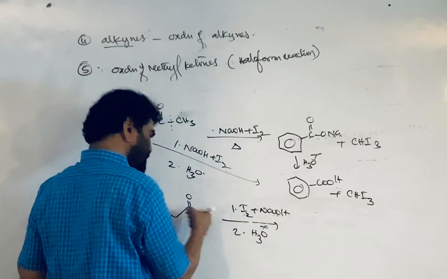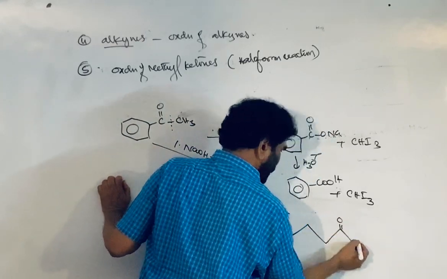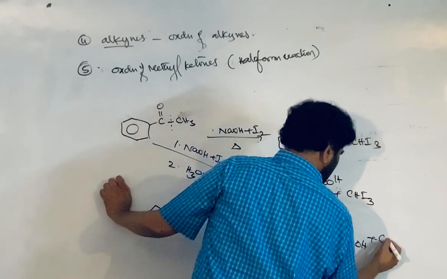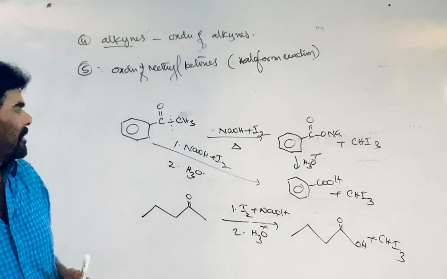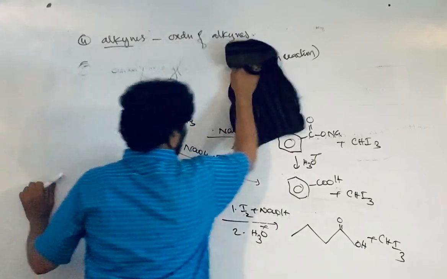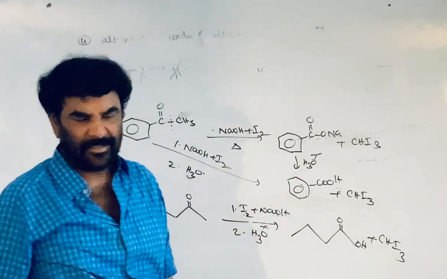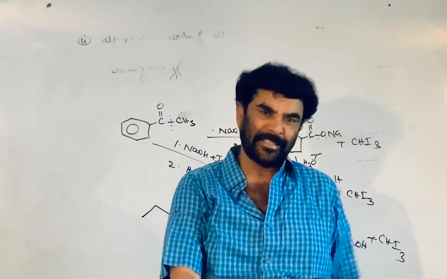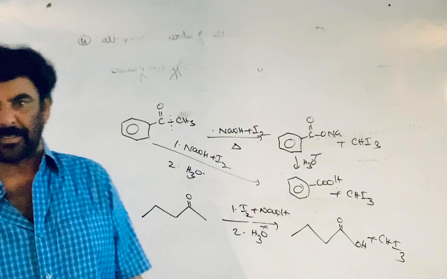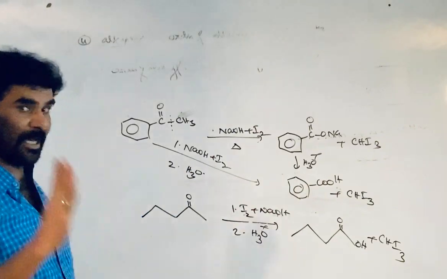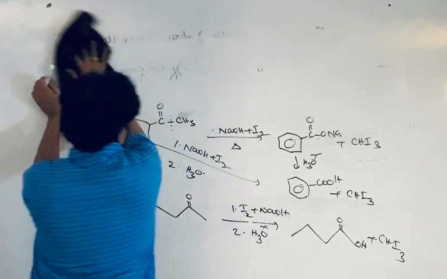Acidification converts the sodium salt of the four-carbon butanoic acid, plus CHI3, iodoform, is formed. This is one of the methods of preparation of carboxylic acids starting from methyl ketones, which give the iodoform test, by using the iodoform reaction.